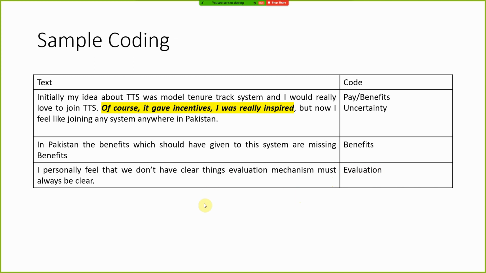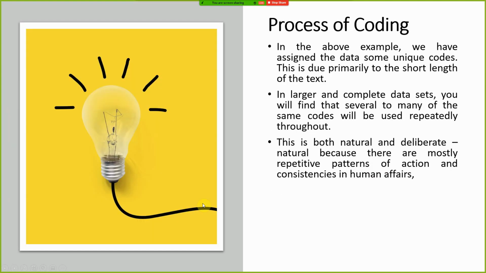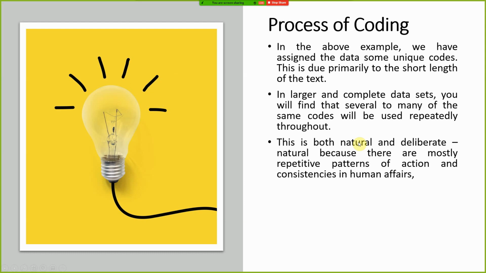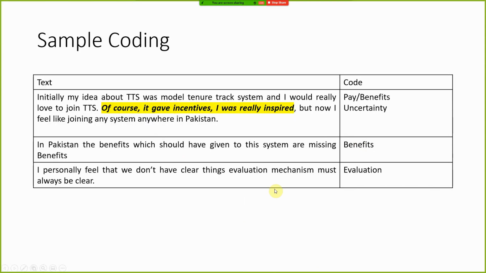Now, in the previous example, this was maybe interviewee one, and they talked about system, research, pay, benefits, uncertainty. So I identified these codes. Moving on, in another interview, I found more or less the same thing.